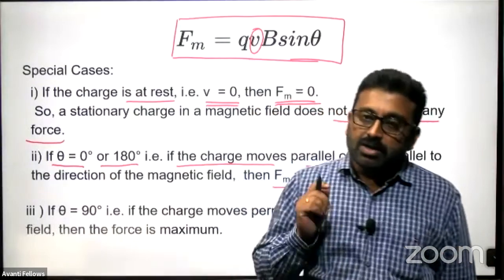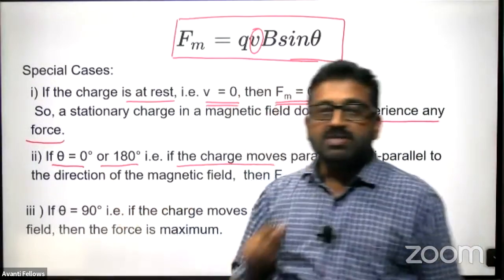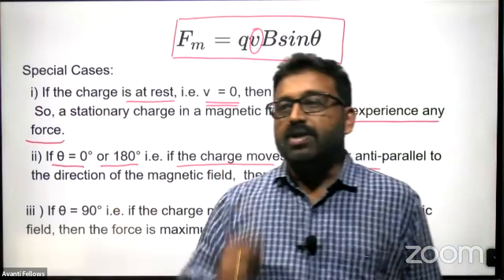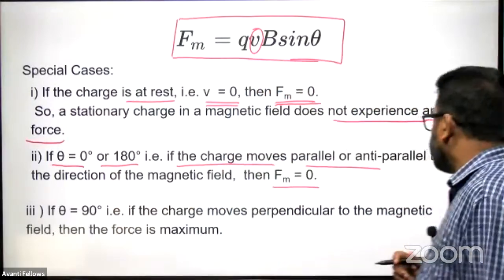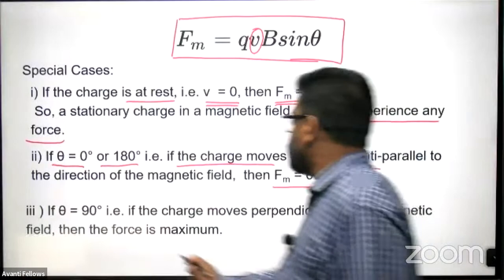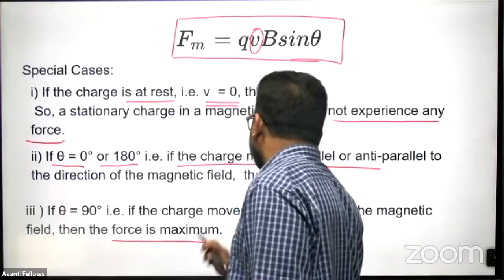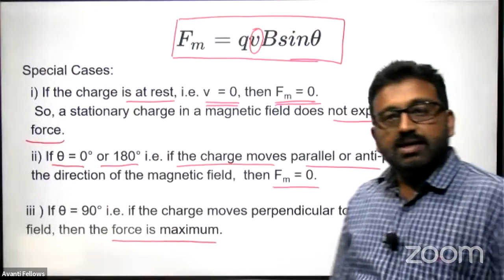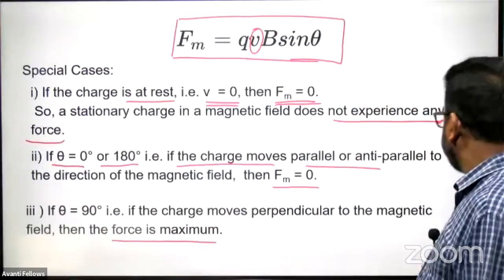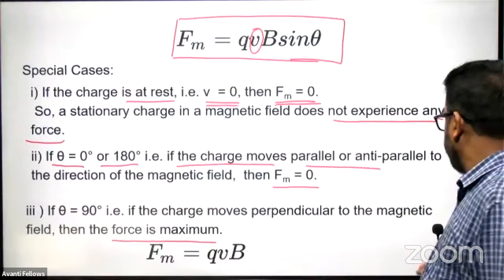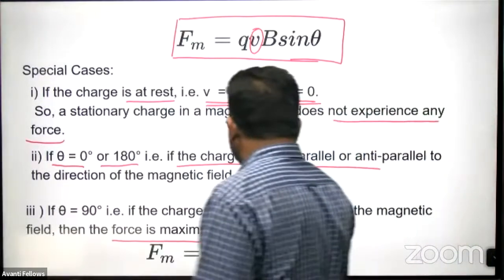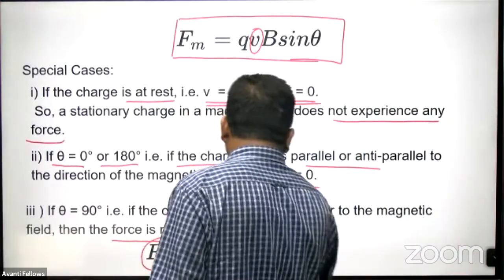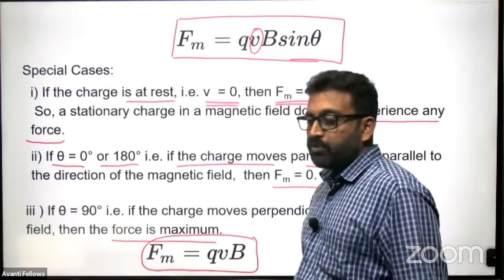And if that theta equals 90 degrees, that means the charge is moving perpendicular to the magnetic field line, then the force is maximum. So Fm is maximum only when theta equals 90 degrees. And the maximum value of that force equals QVB.